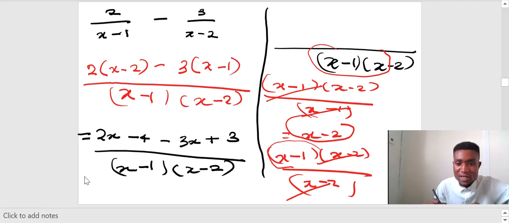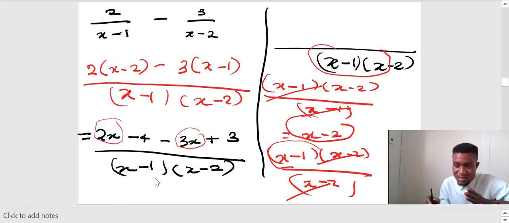From what we have here, you can see from the numerators, there are terms that have the same variables, and there are terms that don't carry any variable at all. For example, we have 2x and we have 3x here. So we have to combine these 2x and 3x together. Let's drag them to the same position first of all.